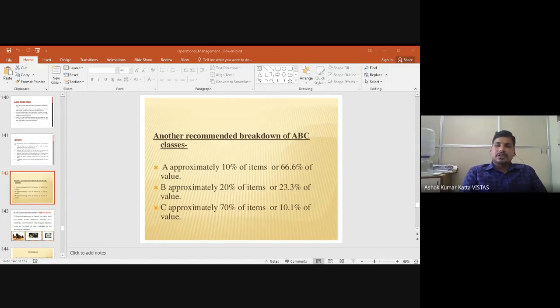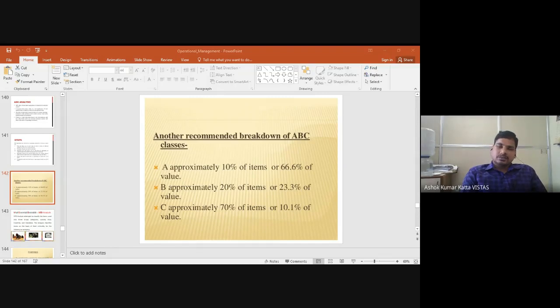Take a common example, gold. As we know, gold is nowadays bought by everyone, but how many of you buy diamonds? How many of you buy platinum? So platinum is category A. Very, very few people buy it. Diamonds too are bought by very few people.